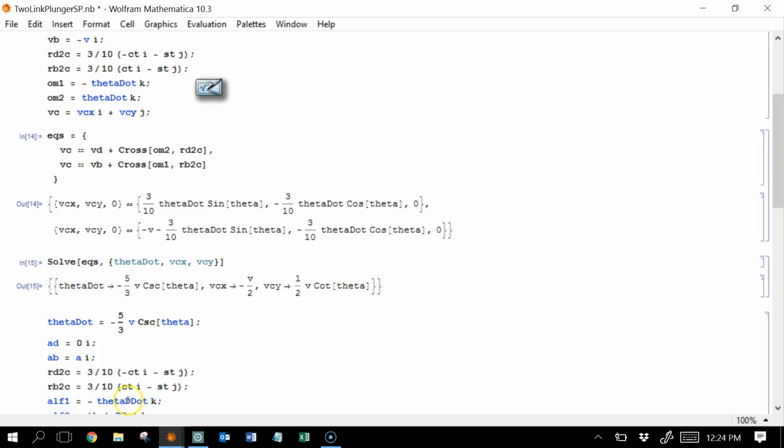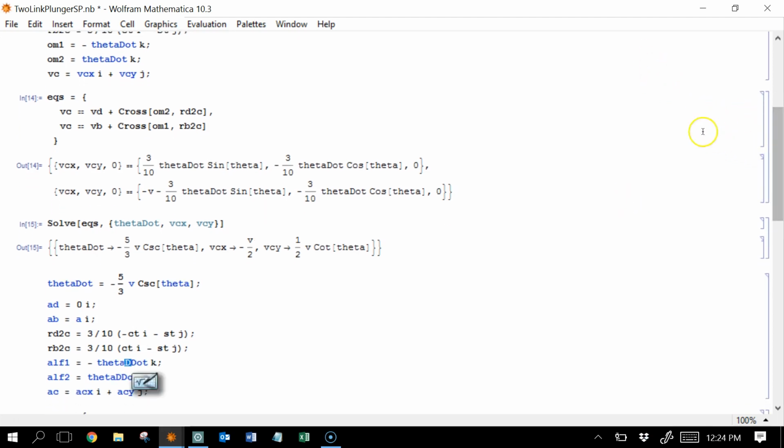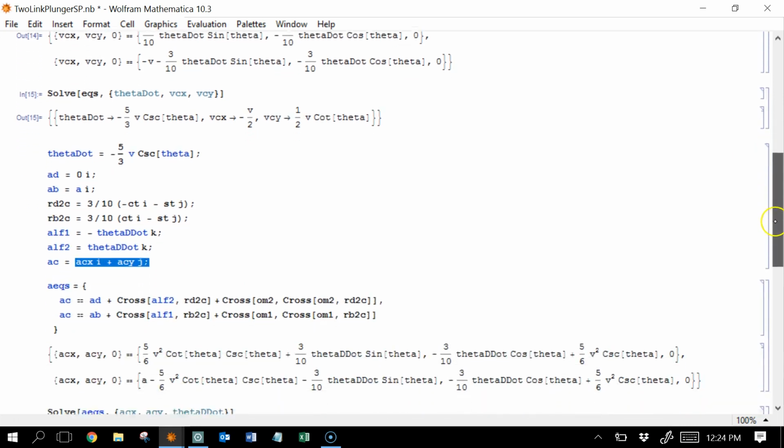All I did was put in a dd, so this is theta double dot. And then you have the alpha of 2, similar to the omega. Here's the alpha of 2, theta double dot instead of just theta dot. And then the acceleration of c, I knew nothing about the velocity, and I still don't know anything about the acceleration. So those are basically mimicked off of that.